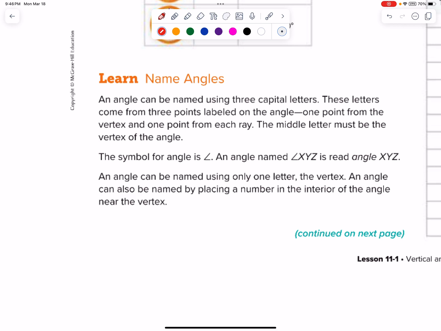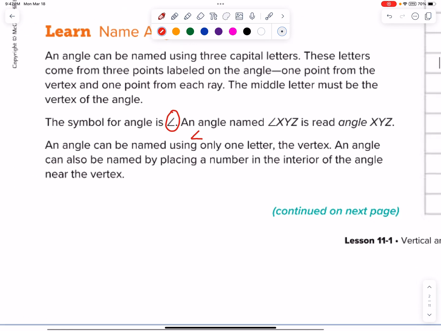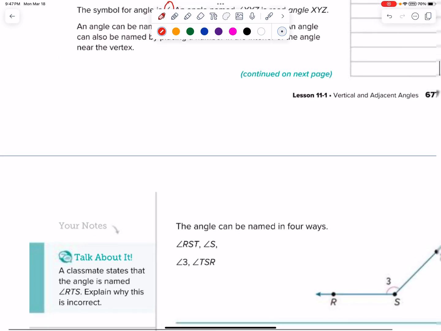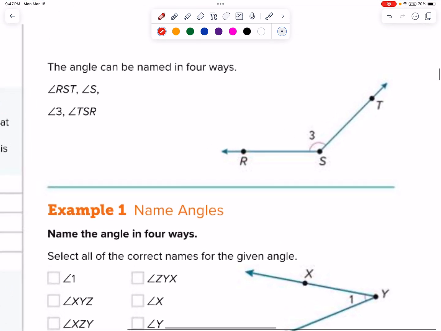We're going to talk about these symbols. The symbol for angle is this. Notice it's a straight line on the bottom and then an angled line segment going up. So an angle can be named in a lot of different ways. Let's go ahead and jump in and explore this. So you can see that an angle can be named in 4 different ways for this particular image.